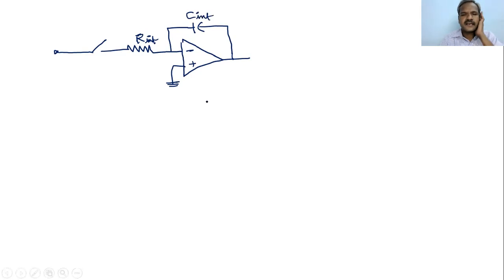This is the integrator resistance and the integrator capacitance. Then there is a zero comparator, a zero detector.